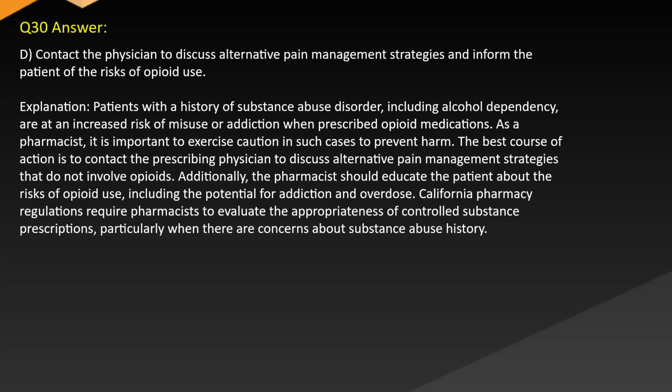The best course of action is to contact the prescribing physician to discuss alternative pain management strategies that do not involve opioids. Additionally, the pharmacist should educate the patient about the risks of opioid use, including the potential for addiction and overdose. California pharmacy regulations require pharmacists to evaluate the appropriateness of controlled substance prescriptions, particularly when there are concerns about substance abuse history.